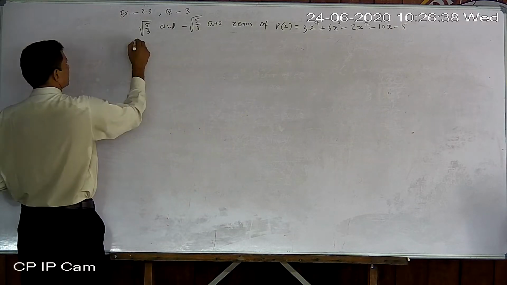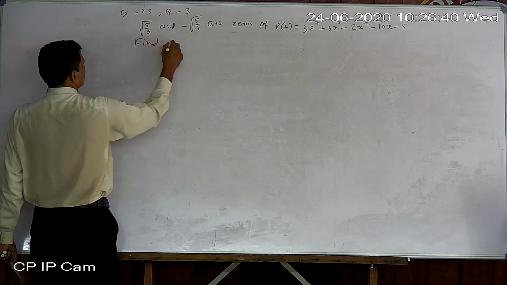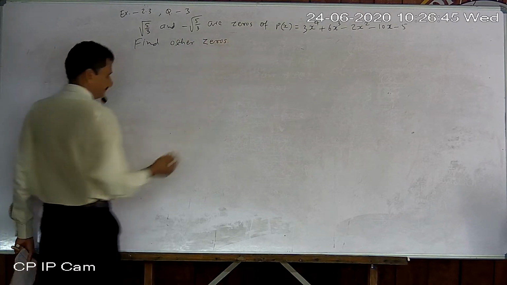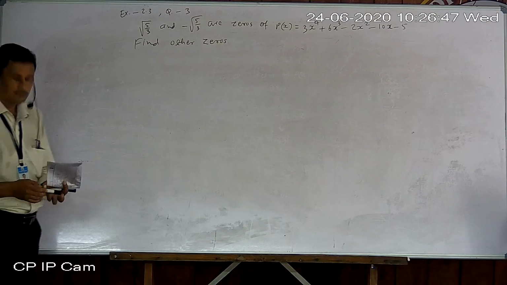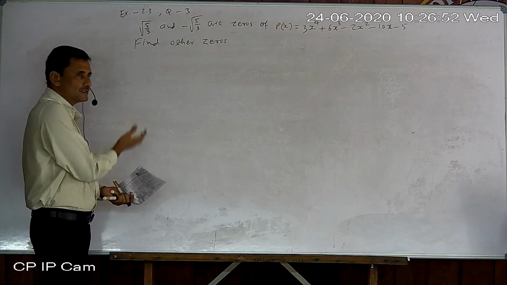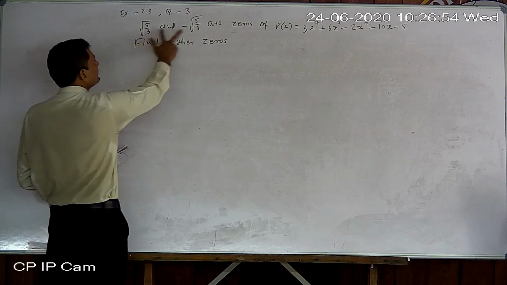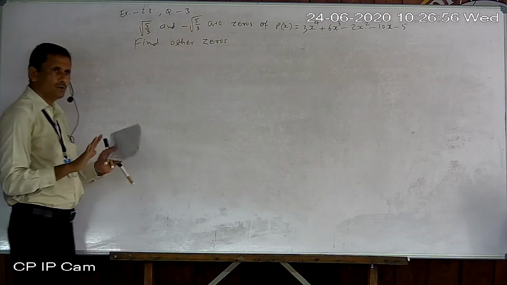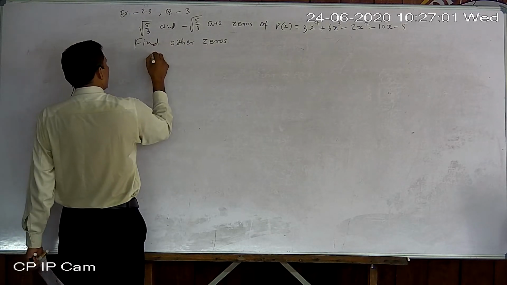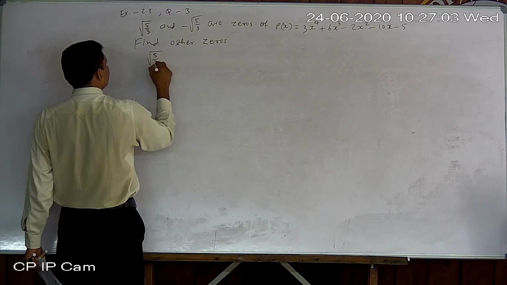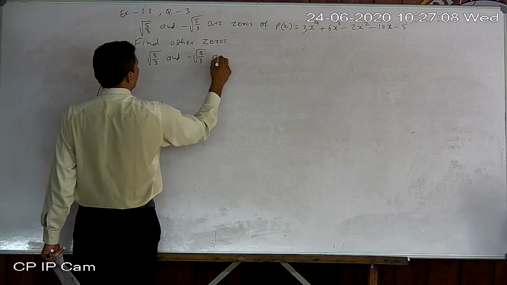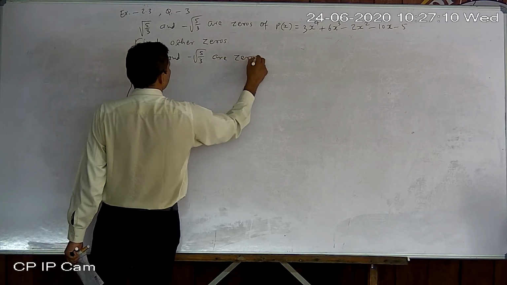Find other zeros. Just like example 9, the process will be the same, but here a fraction is there. All steps remain the same. So write down: root 5 by 3 and minus root 5 by 3 are zeros of p of x.